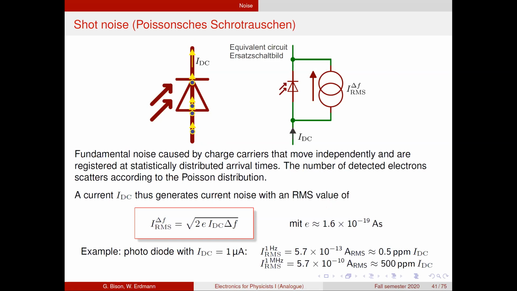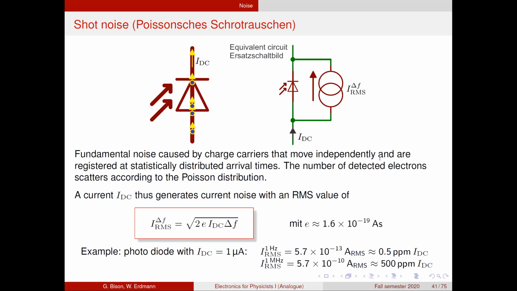And so the number of electrons, let's say, that are detected scatters according to a Poisson distribution, simply counting statistics. And for that reason, there is an uncertainty in every time bin that we now take to count electrons.